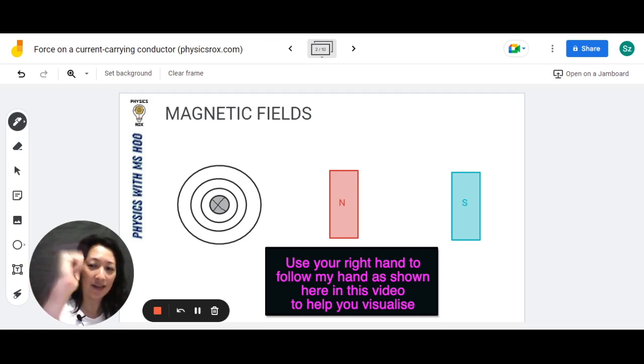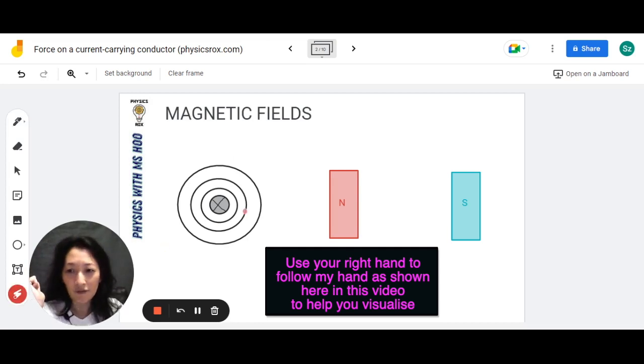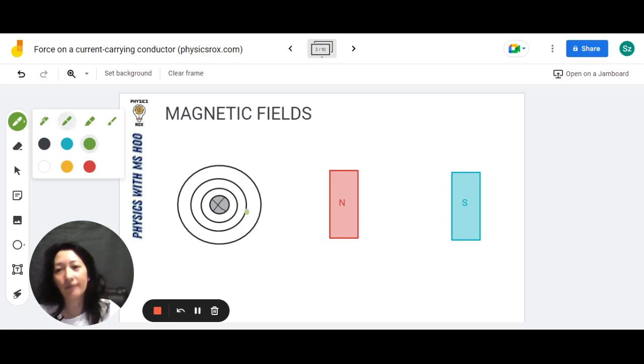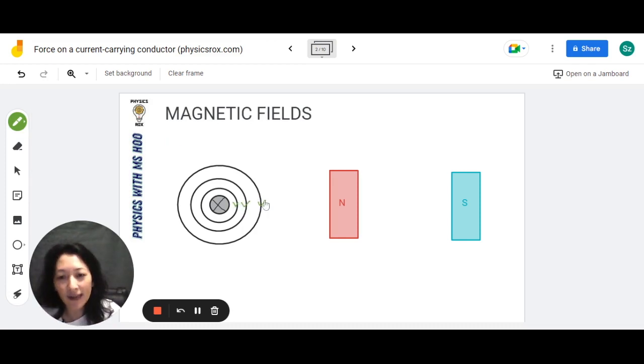And you find that the magnetic fields are going clockwise, correct? Have your right hand, thumb pointing in the direction of the current, and watch how your fingers on your fist curl, going clockwise.